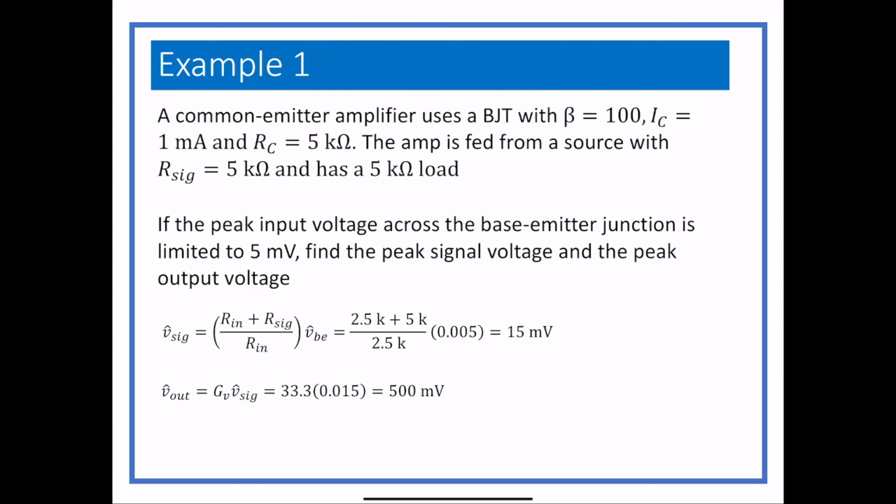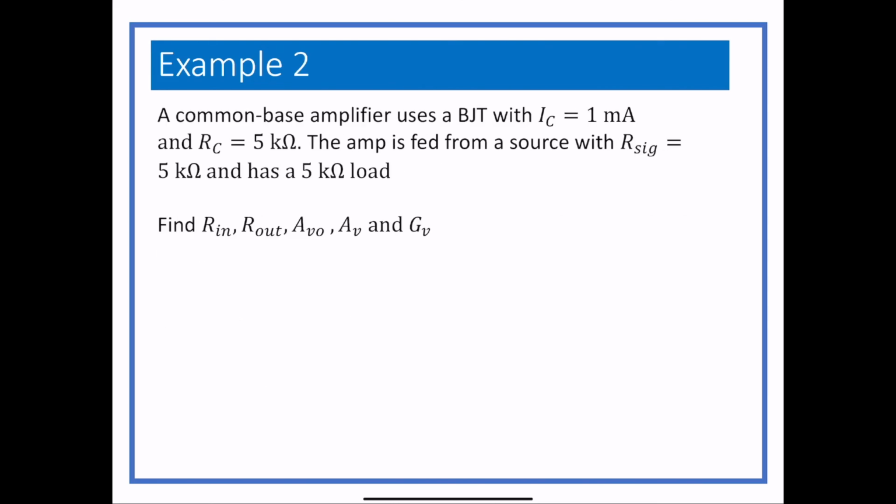So that's one example. The other one has to do with a common base. The common base amp is pretty much in exactly the same state as the common emitter. So it's going to have the same collector current, the same RC values, the same signal and load resistances, and we're just going to go through and find the values again. So GM is going to be the same because collector current's the same.